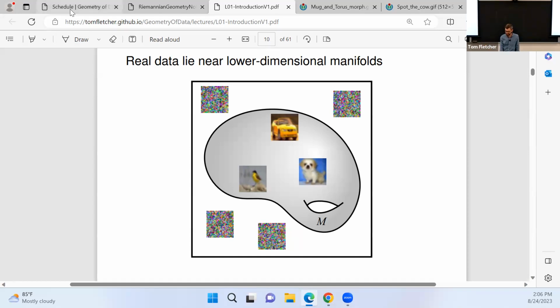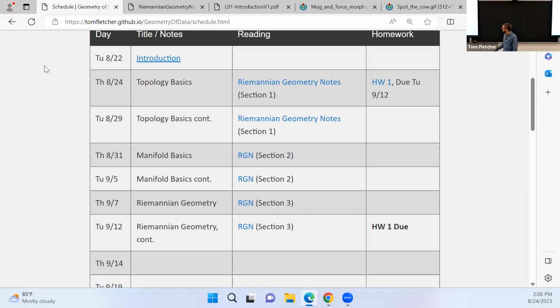The other thing I like to say is that each of these subsections, topology, manifolds, and Riemann geometry, is an entire sub-branch of mathematics in and of itself. You could spend a semester or more on each of these 3 topics, and of course we can't spend that much time on them, though they really deserve it.